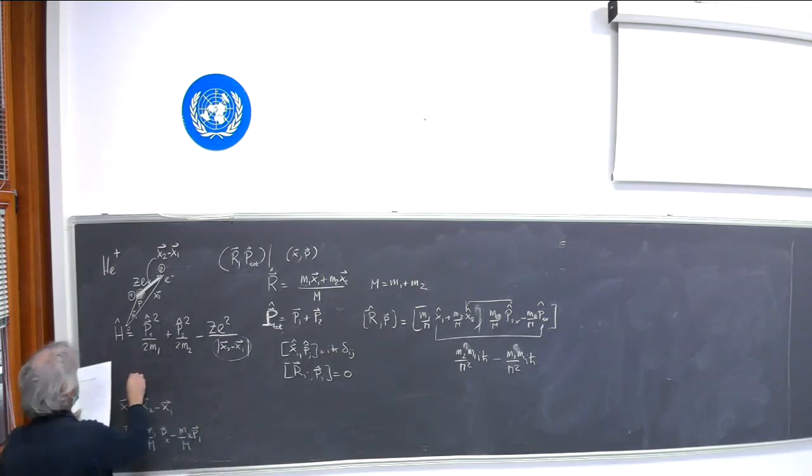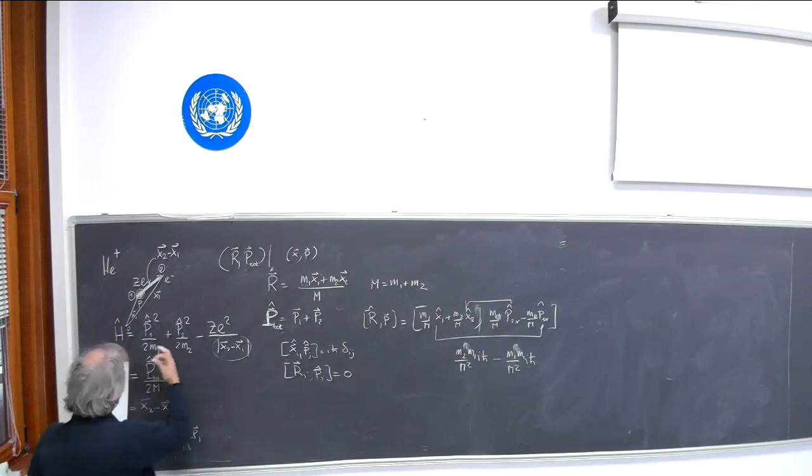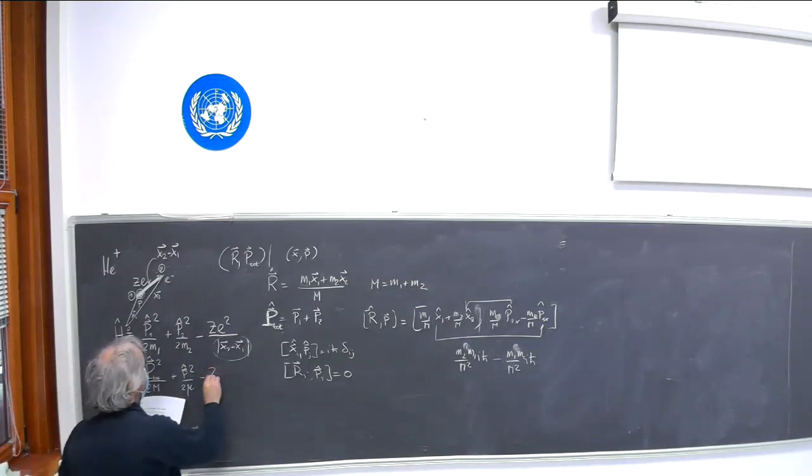And you can verify that this is equal to total momentum squared divided by twice the total mass, which is the center of mass kinetic energy, plus the relative momentum squared divided by twice the reduced mass, minus z squared over x.